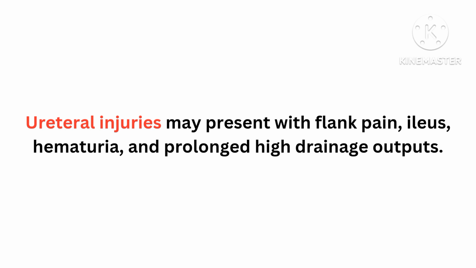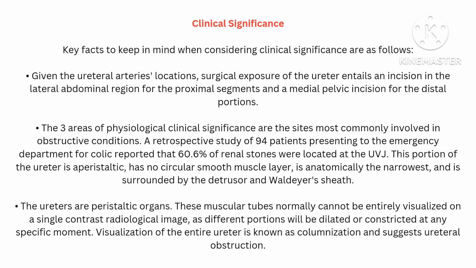Clinical significance. Key facts to keep in mind when considering clinical significance are as follows. Given the ureteral arteries' locations, surgical exposure of the ureter entails an incision in the lateral abdominal region for the proximal segments and a medial pelvic incision for the distal portions. The 3 areas of physiological clinical significance are the sites most commonly involved in obstructive conditions.